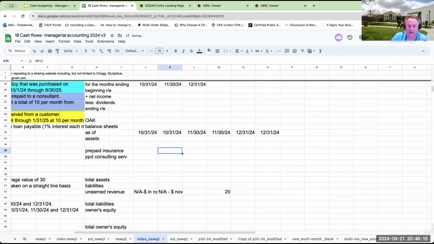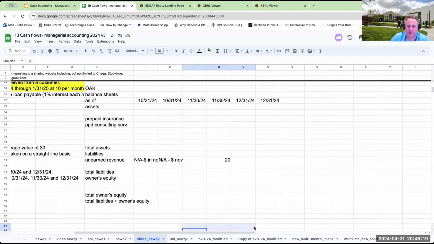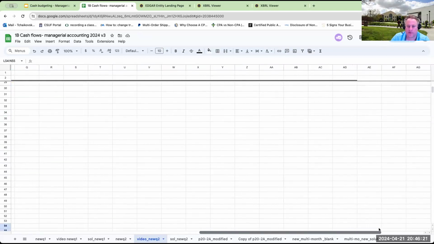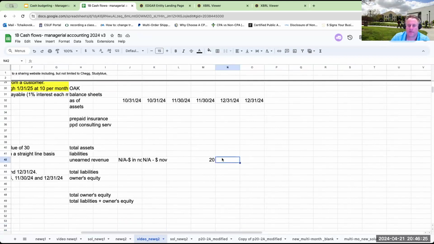And by the way, on the prepaid insurance, I think I somehow messed this up. Let's see what's going on here. Uh-oh. Okay. So the unearned revenue was basically going to go from 20 to 10. The prepaid insurance went from 22 to 20 to 18.